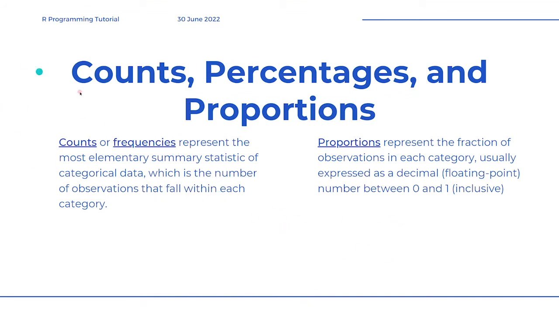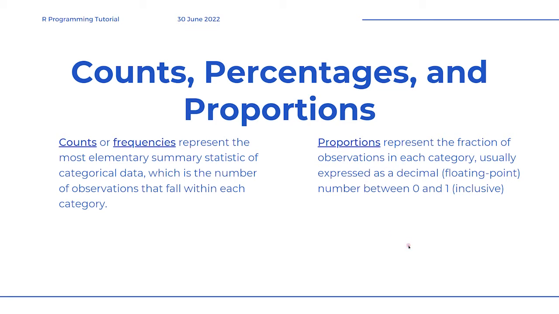Again, counts of frequency represent the most elementary summary statistics of categorical data, which is the number of observations. We encountered that earlier in the mode, because we're counting the frequencies of each of the values in the dataset. The proportion is the fraction of the observations in each category.